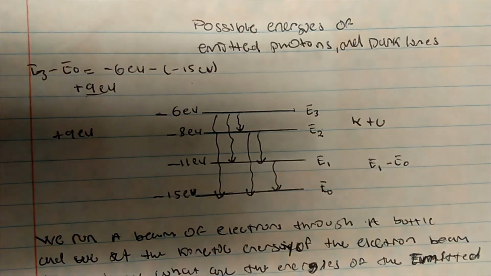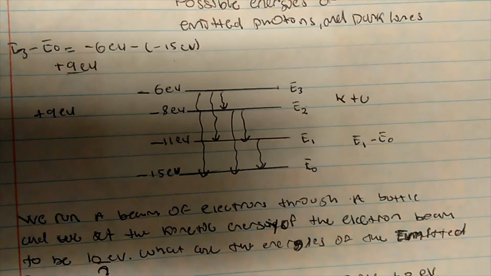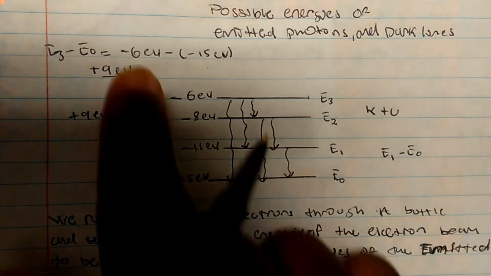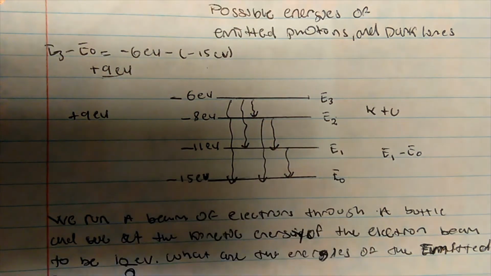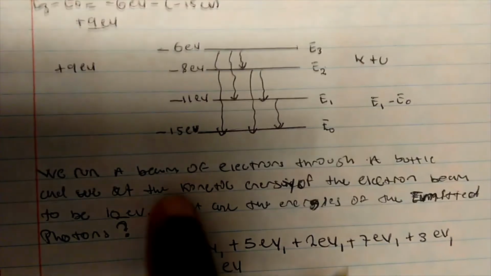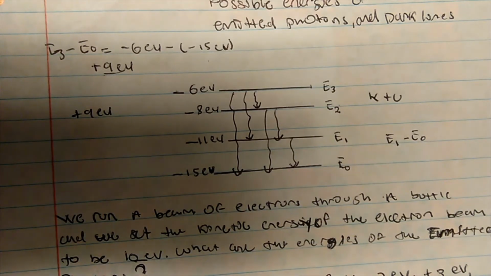And this is why I always tell you to do the highest state minus the ground state first. Because in the first one, you could see that we got 10 and 9 fell between 10. But now that we have 8, 9 is actually higher, so it's not in the range.